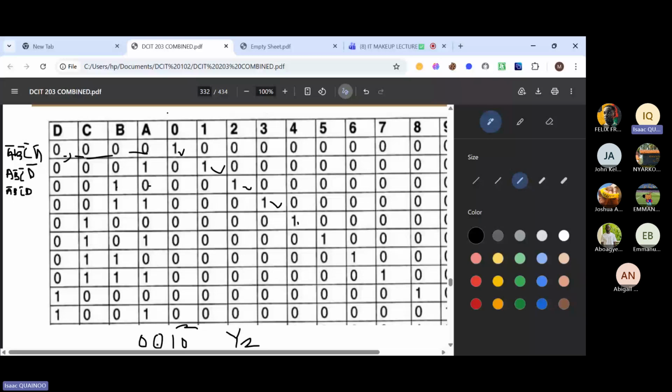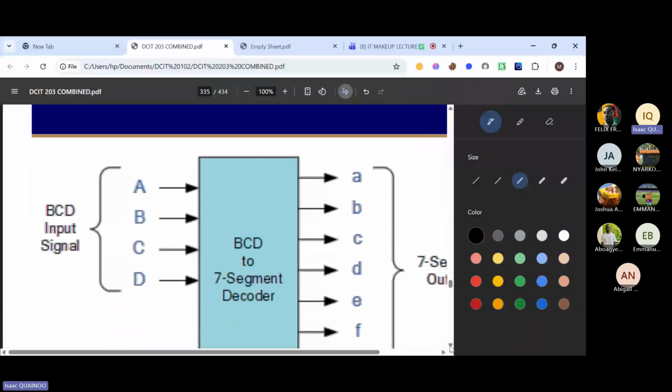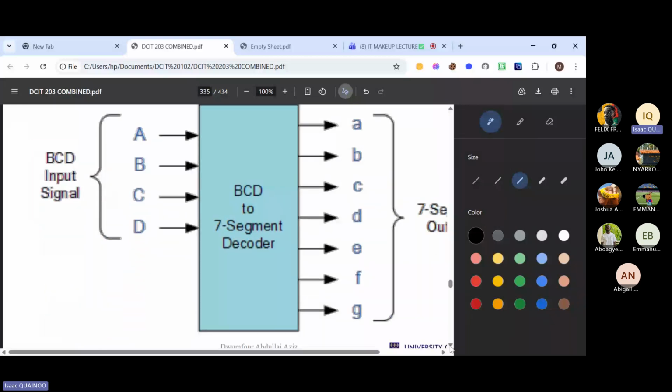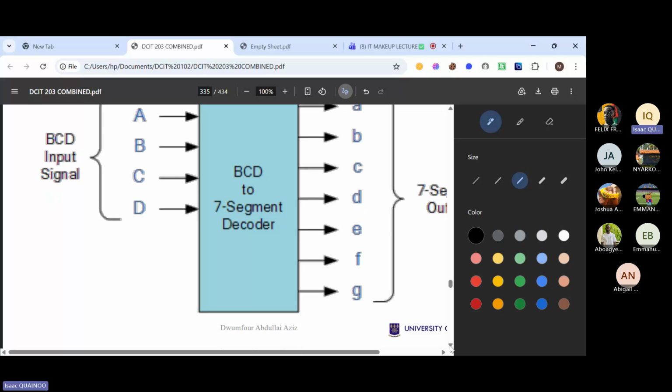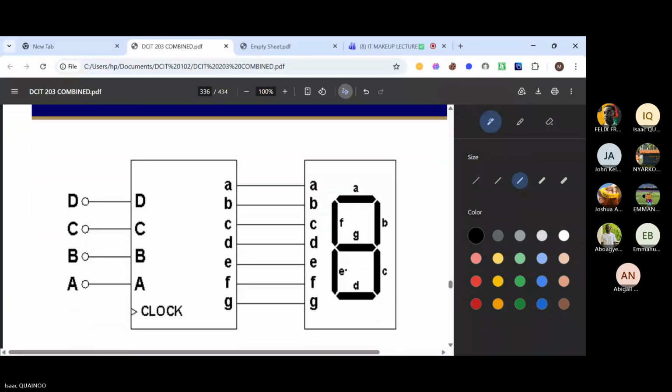So let's move on. So we have the 7 segments display decoder. So the BCD to 7 segments display decoder, we have 4 inputs, okay? And then we have a total of 7 outputs, okay? And the 7 outputs correspond to this right here, okay?